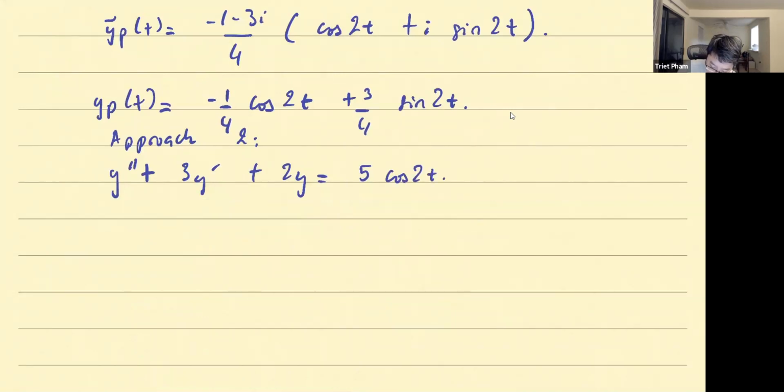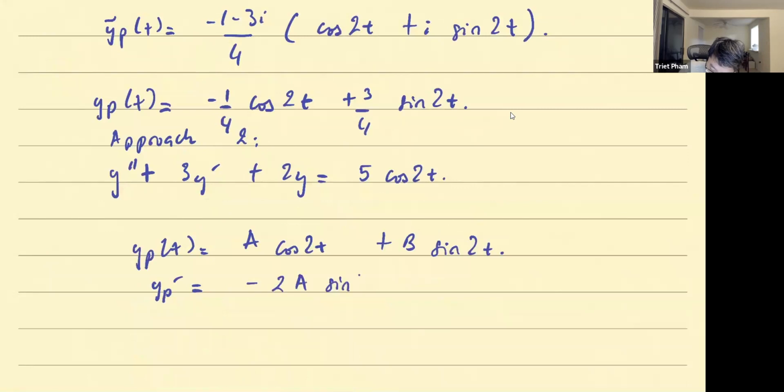Approach 2 is basically to say yp is a cosine 2t plus b sine 2t, right? And then differentiating and plugging in. So yp prime is minus 2a sine 2t plus 2b cosine 2t.